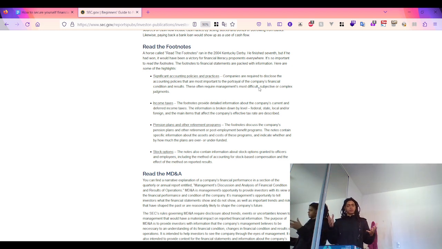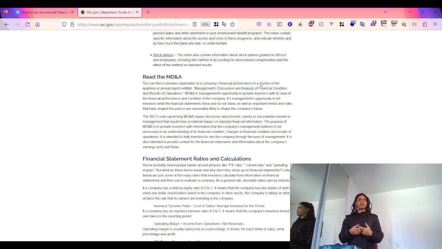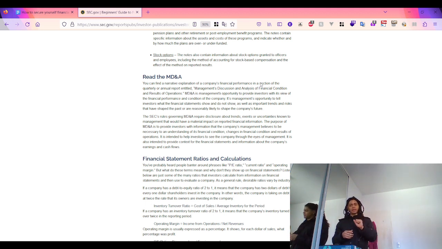So with that, it is also important to recap the MD&A, the management discussion and analysis of financial conditions and results of operations, which is a long name to simply describe the management perspective.